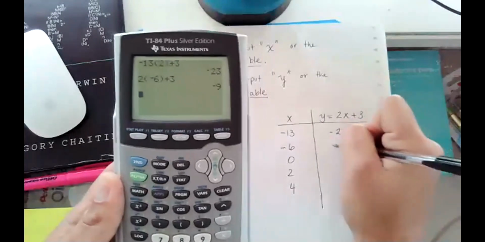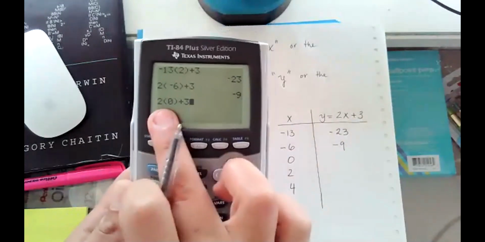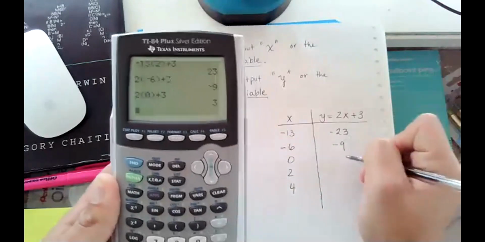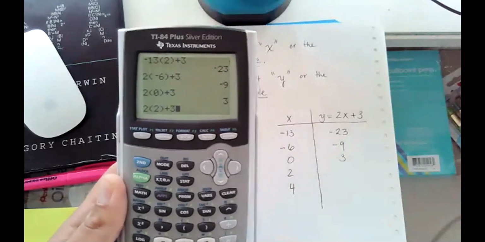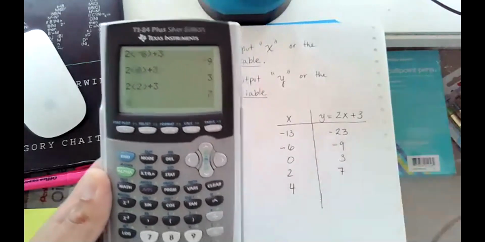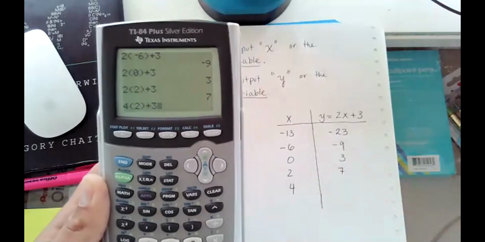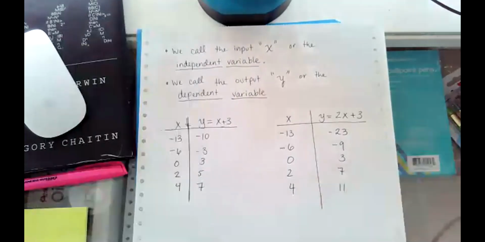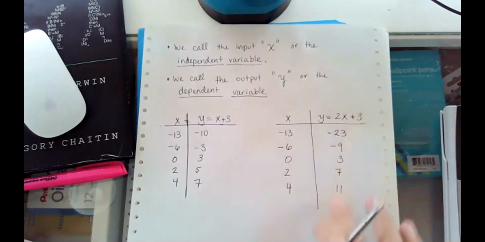We'll get -9 here. 2 times 0 plus 3. 2 times 0 should be 0, so this should just be 3. 2 times 2 plus 3 is equal to 7. 4 times 2, I flipped the multiplication, but that's okay, plus 3 is 11. So I get different outputs. Okay, I know that went a little bit fast. Did I lose anybody in just calculating these in the calculator?